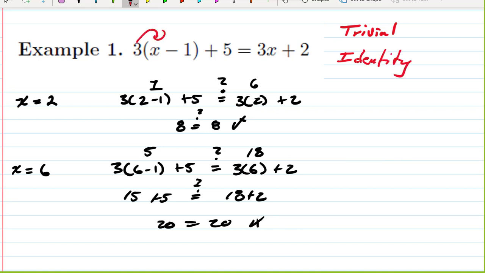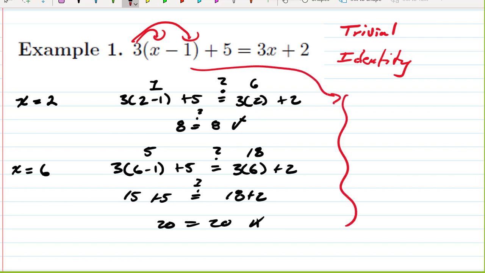Because if we were to distribute into our parentheses here, we would see that this gives us 3x minus 3 plus 5, and the right-hand side was 3x plus 2. If I collect my like terms, negative 3 plus 5 gives me positive 2. I get 3x plus 2 is equal to 3x plus 2.